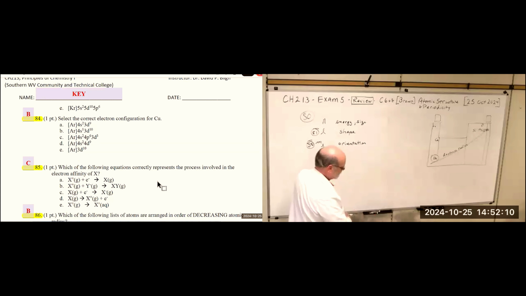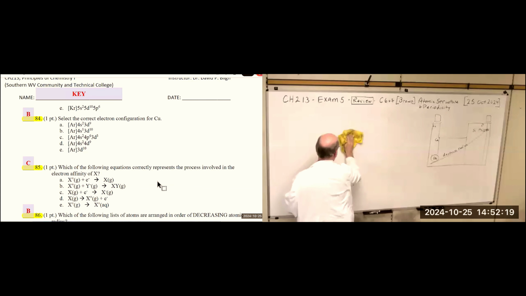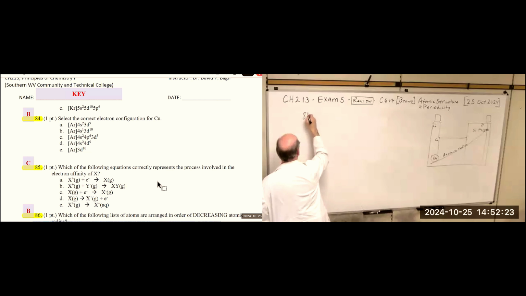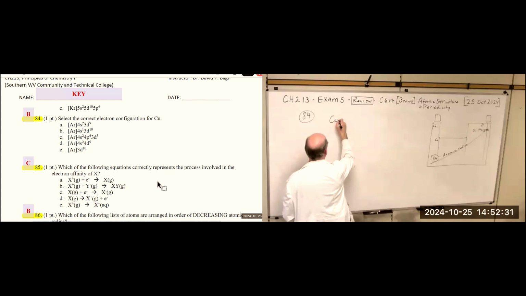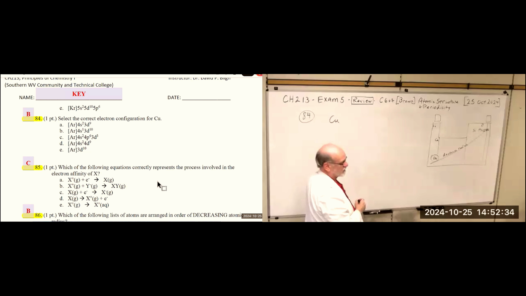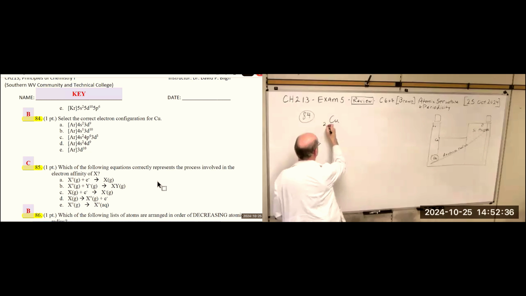Okay, how about 84? Select the correct electronic configuration for copper. And it looks like we can use the abbreviated form. Copper is 29.